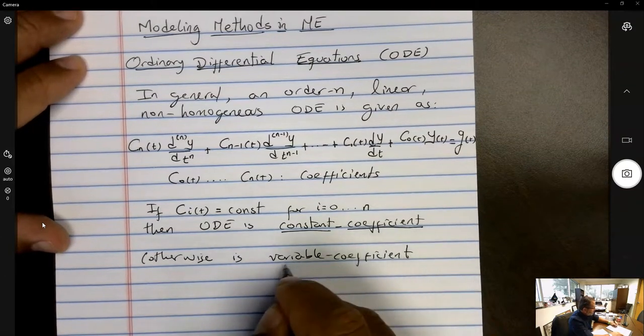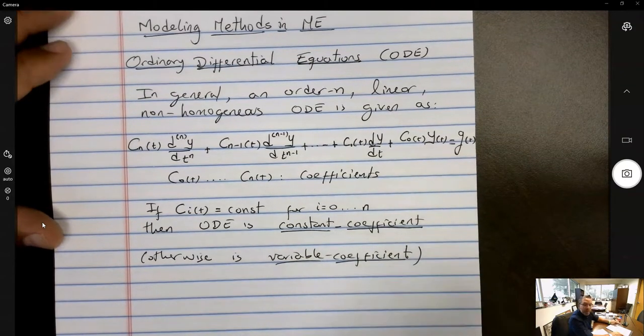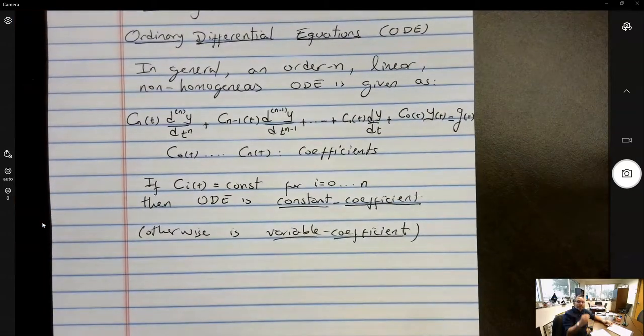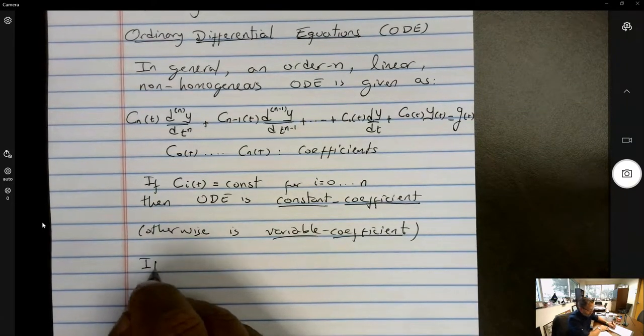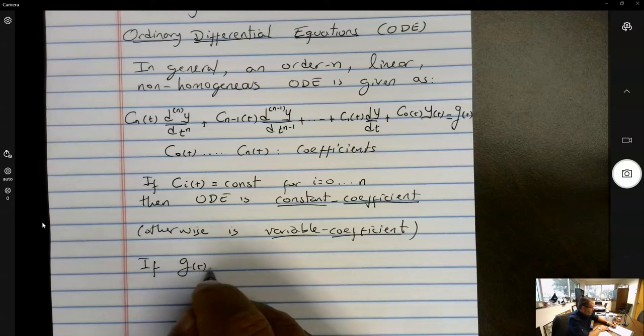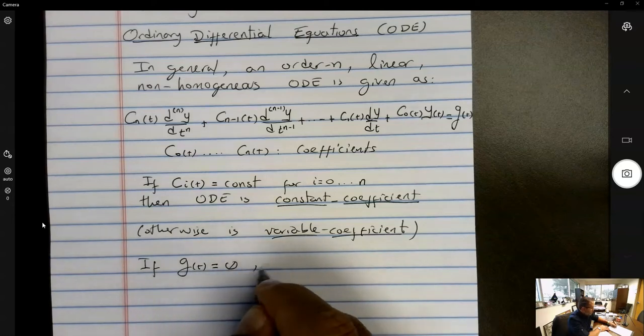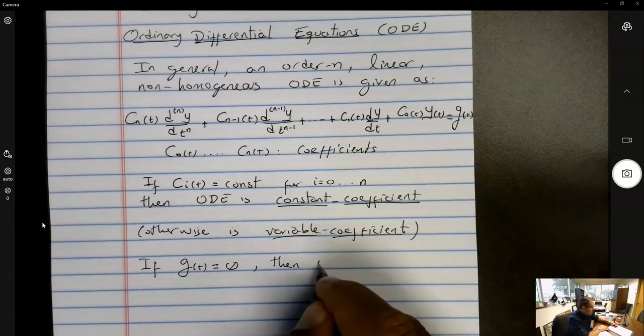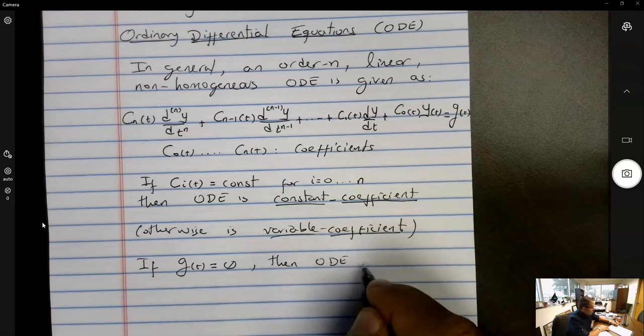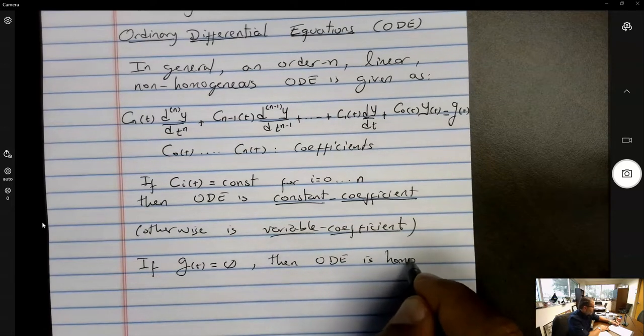So if at least one of the coefficients that linearly separate these derivatives is a function of time or a function of space, then we call this a variable coefficient ordinary differential equation. Also, if g of t is equal to 0, then the ODE is homogeneous.